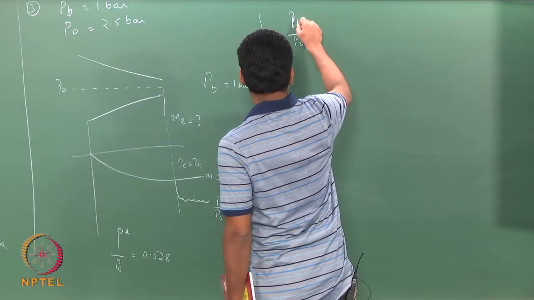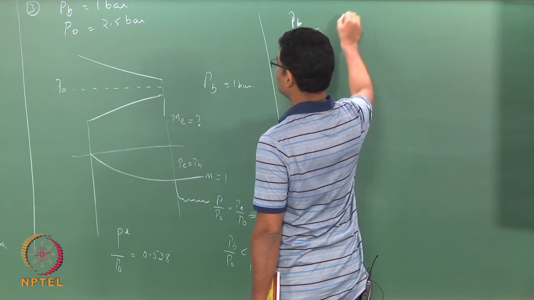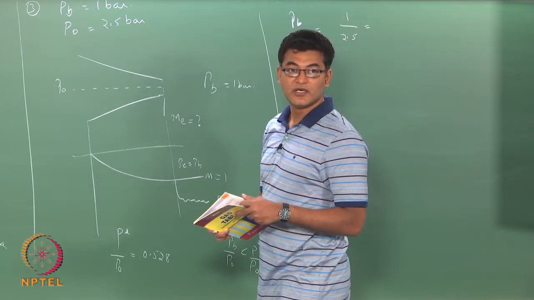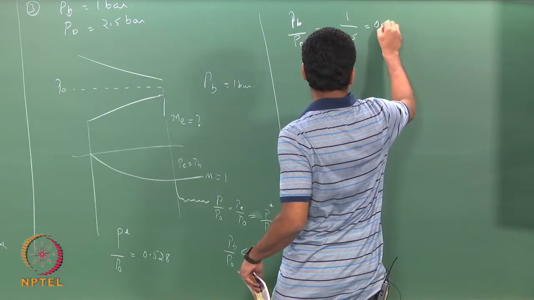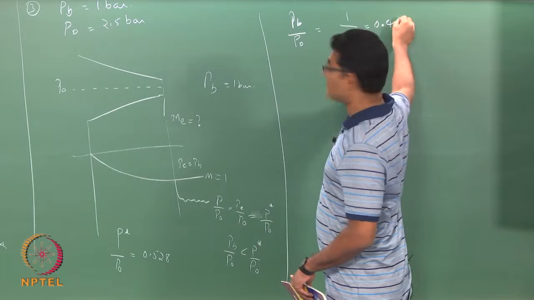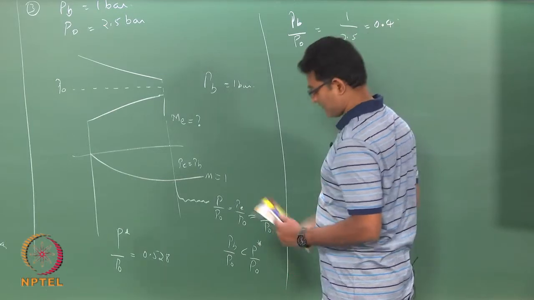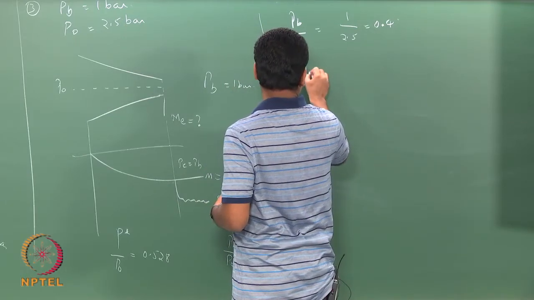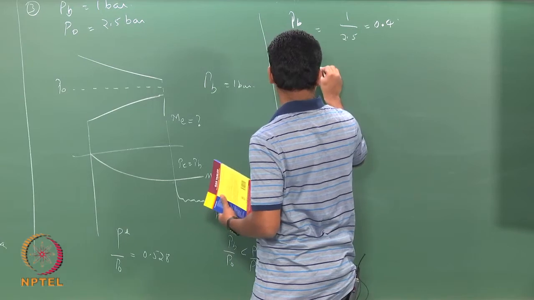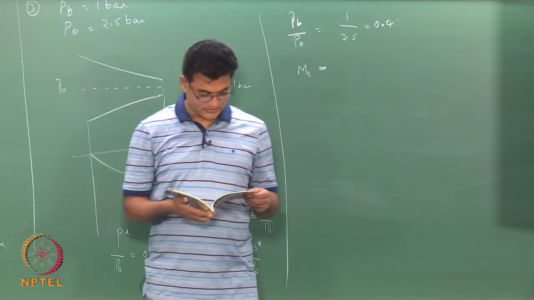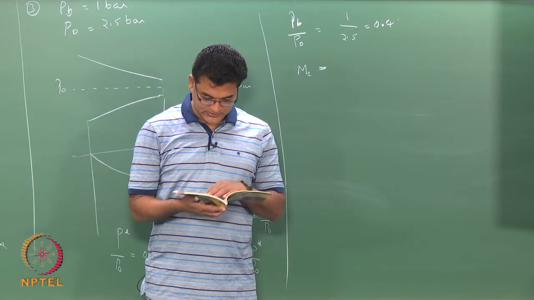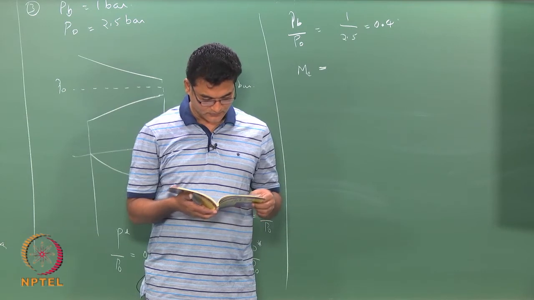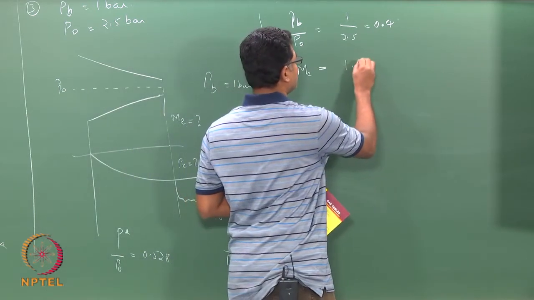So, your PB by P0 is now 1 by 2.5, which is 0.4. The Mach number associated with this, if you look at the gas tables, should be supersonic, about 1.22.